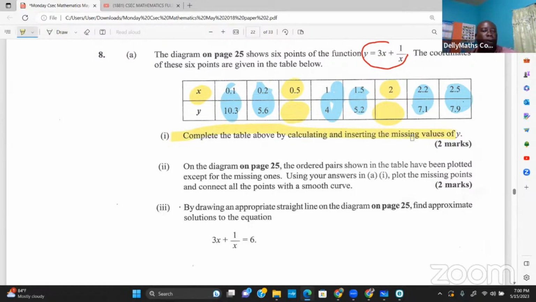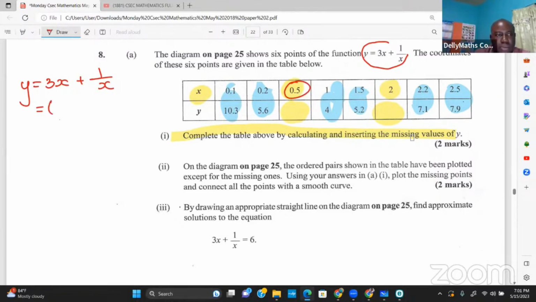to fill out those missing y values, you're going to do the regular. y is equal to what? 3x plus 1 over x. So now we're going to put in when x is a half on your calculator.